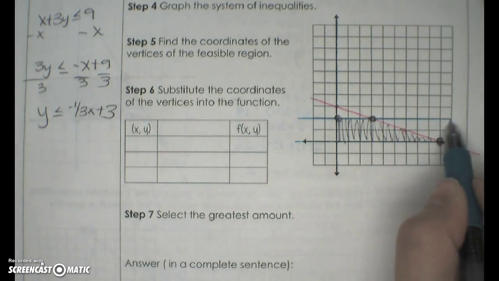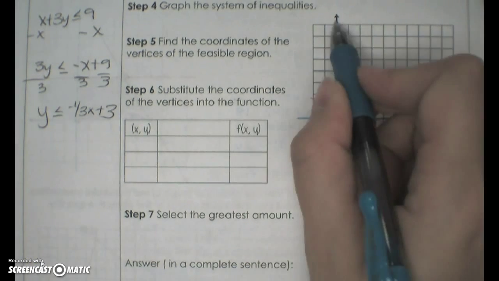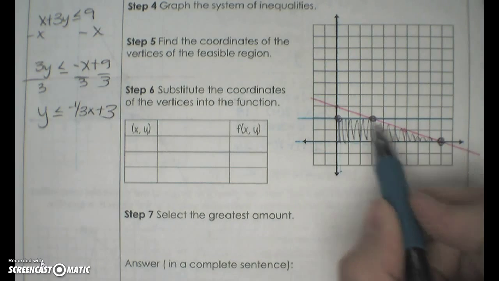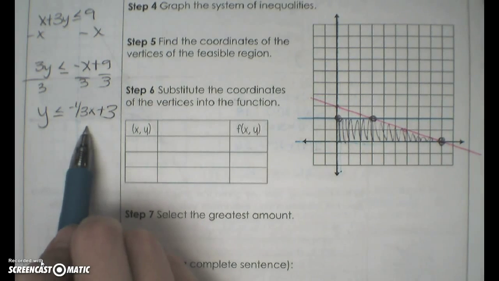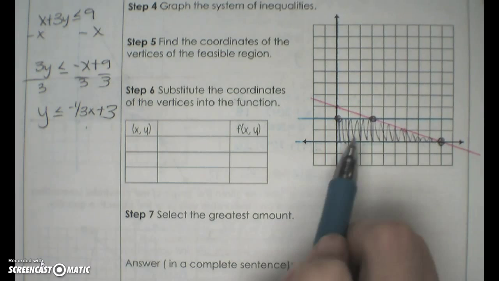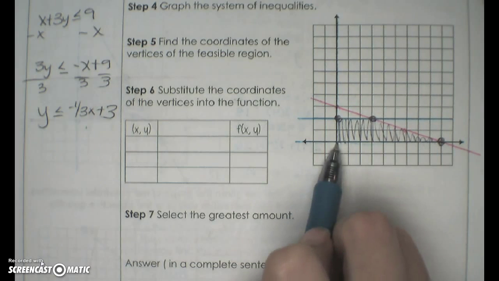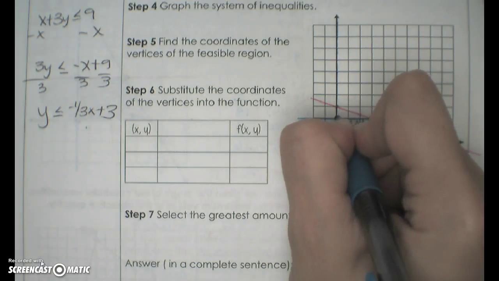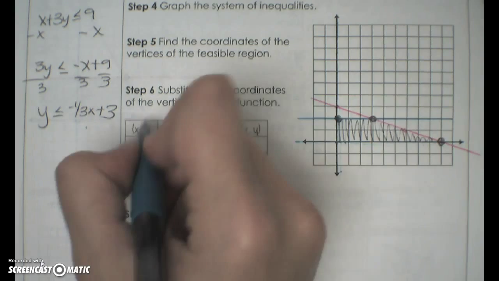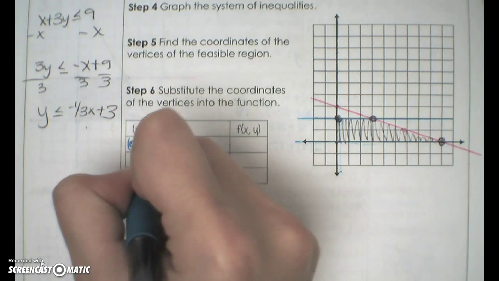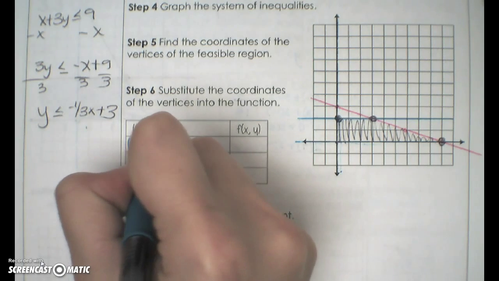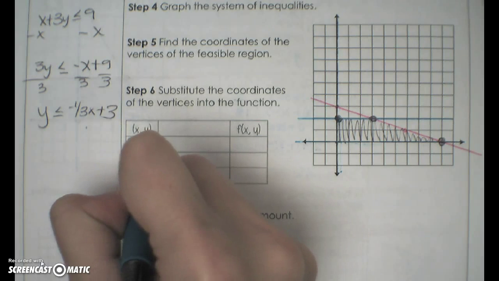We go through 2, we go through 0, we go through 0, and then we graph our pink line, which was over here. So I'm highlighting these 3 points because 0, 0 isn't going to actually get us anything because that's doing 0 jobs. So that's not going to be good. So we've got 0, 2, we have 3, 2, and we have 9, 0.